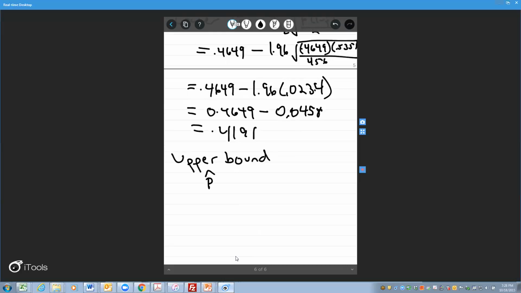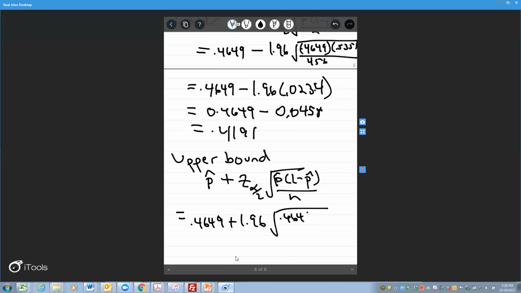And our upper bound is p hat plus z alpha over 2 times the square root of p hat times 1 minus p hat over n, which is going to be 0.4649 plus 1.96 times the square root of 0.4649 times 0.5351 over 456, which is 0.4649 plus 0.0458, which is 0.5107.